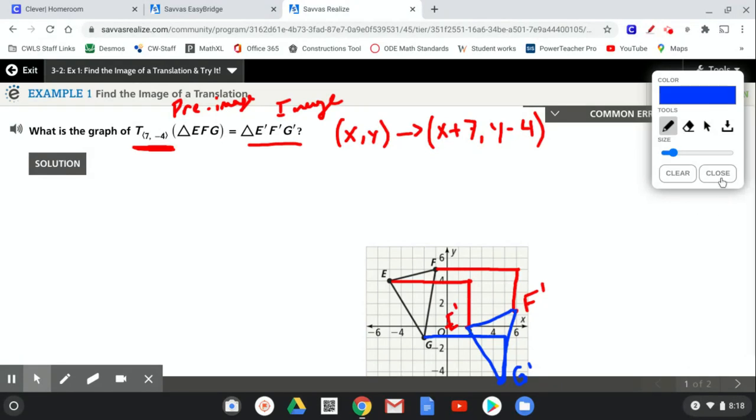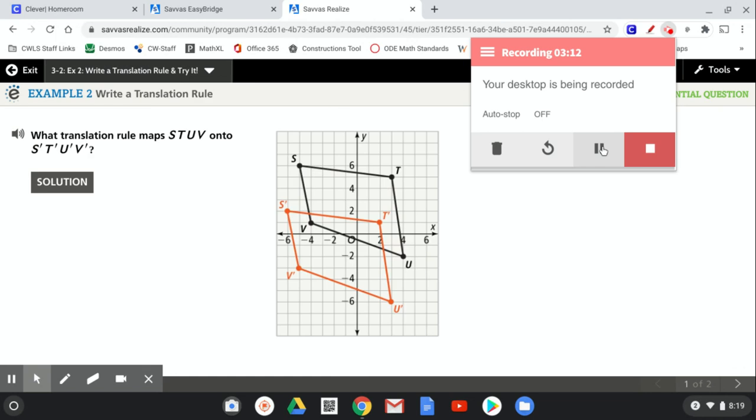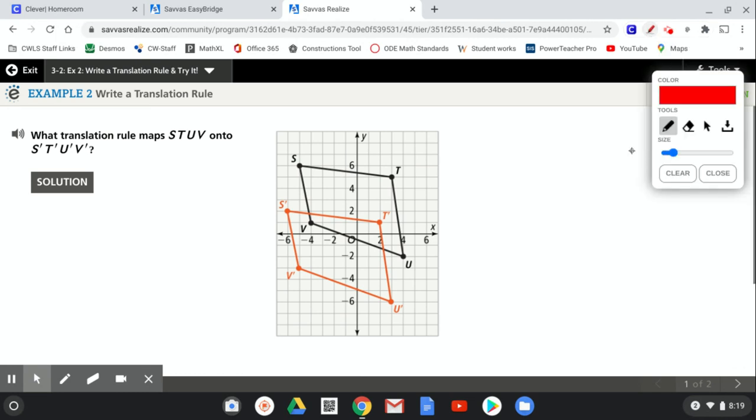Okay. The other thing that you guys might be asked to do, pause the video, is write a translation rule. They'll give you the image and the pre-image. Just remember that we're always starting with the regular letters and going to the prime letters, okay?